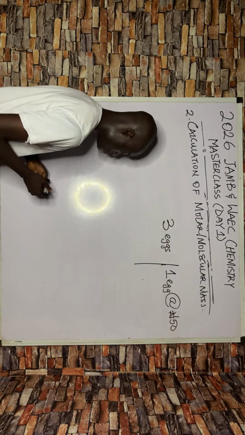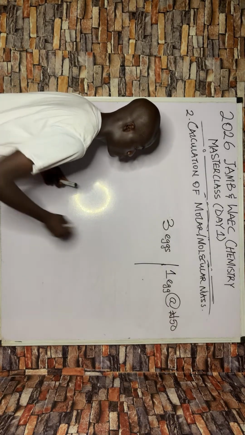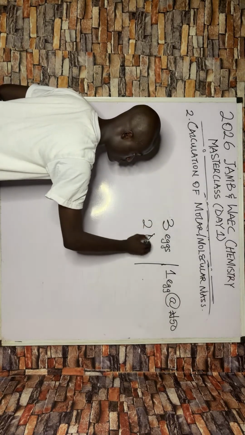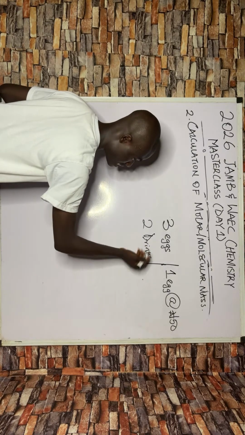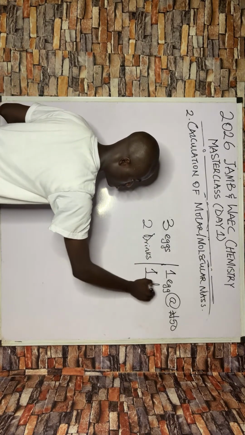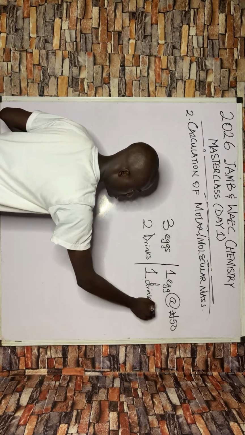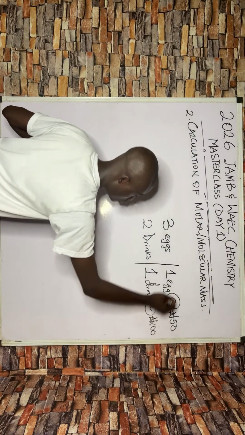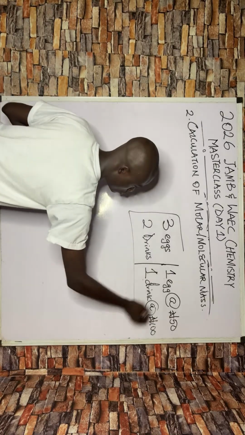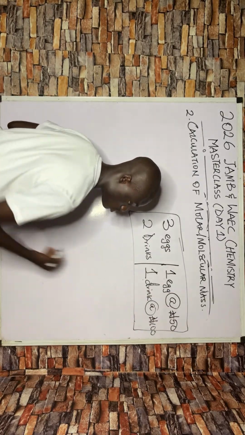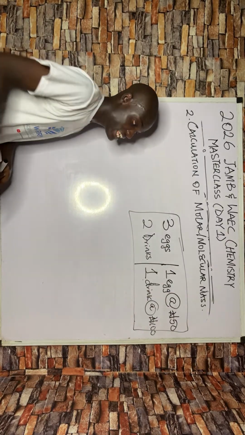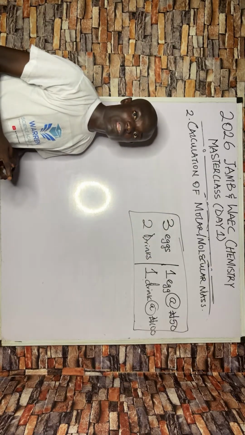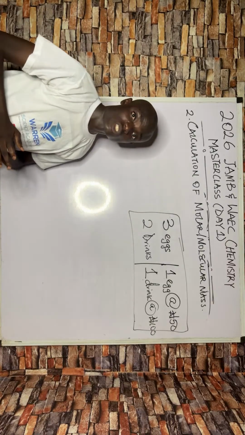And then you bought, let's say, 2 drinks alongside, and one bottle of that drink is sold at, let's say, 100 naira. So this is everything you bought, everything as a whole. When you are going on, you are taking everything alongside. So we can tag this as 1 mole, or we can tag this as 1 molecule.